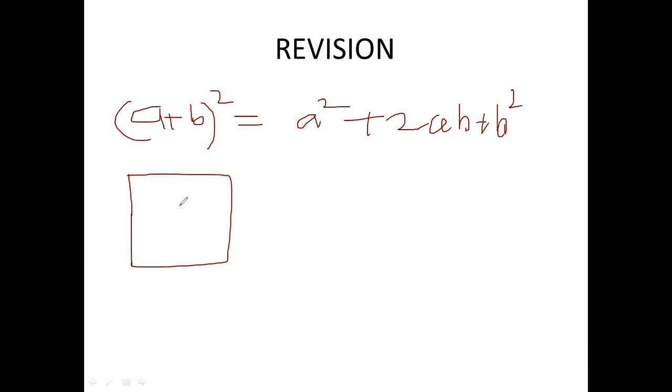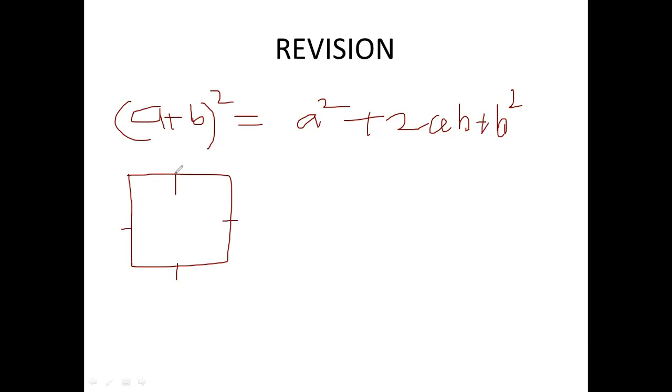Suppose this one is a square shape figure. All sides are equal. This square is also a rectangle, but all rectangles are not a square.